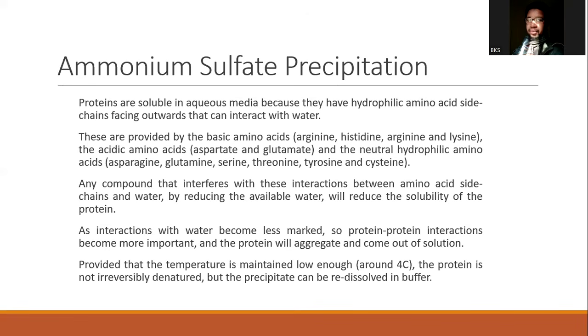Remember, this potential interaction between the water molecule and the polar groups of the amino acids, you have to interfere with this interaction. How do you interfere with it? One of the methods is to add ammonium sulfate. What happens to ammonium sulfate in the solution? It dissociates to form an ammonium ion, which is positively charged, and the sulfate ion, which is negatively charged.